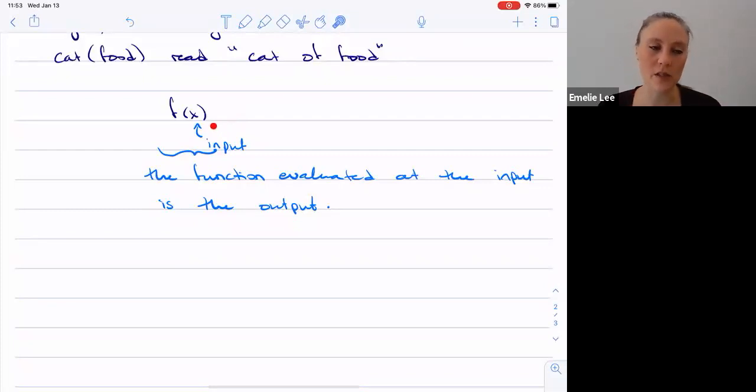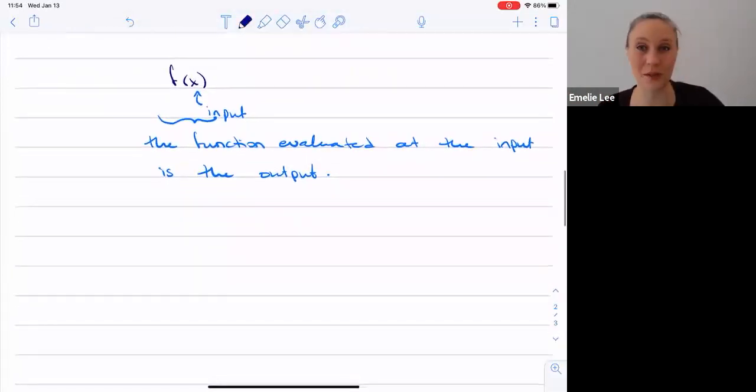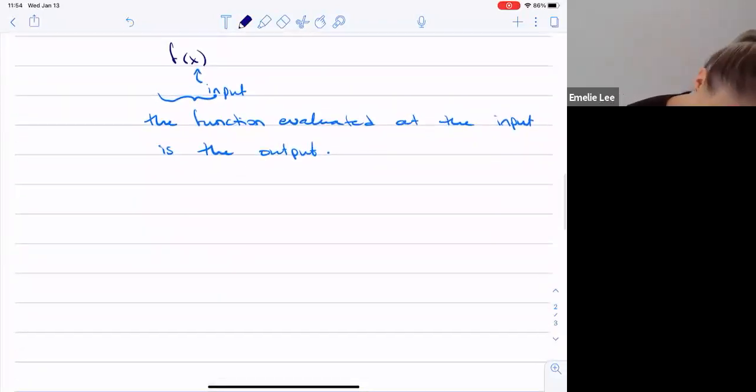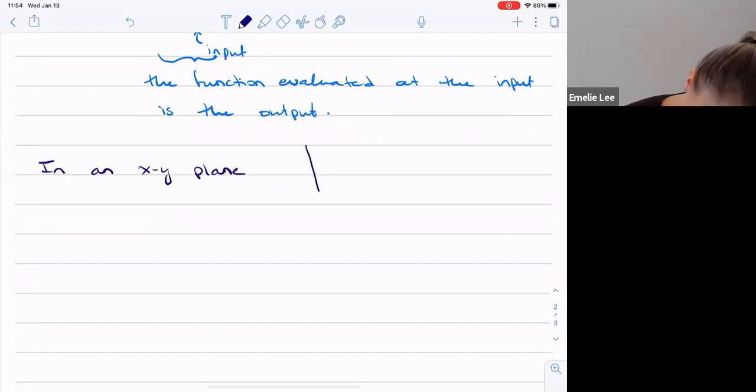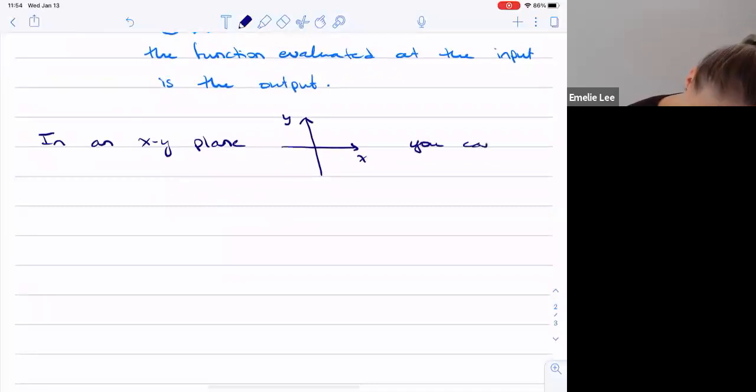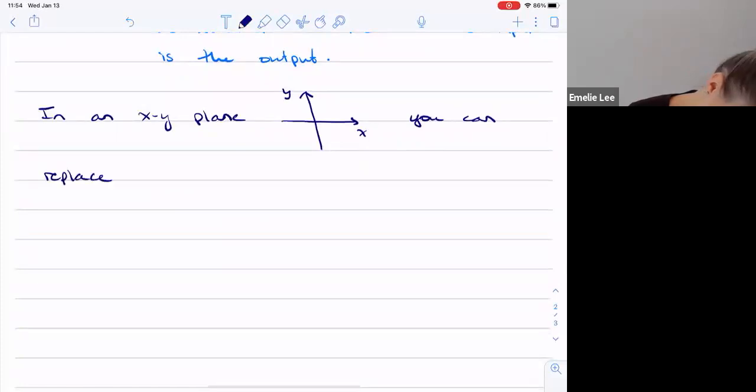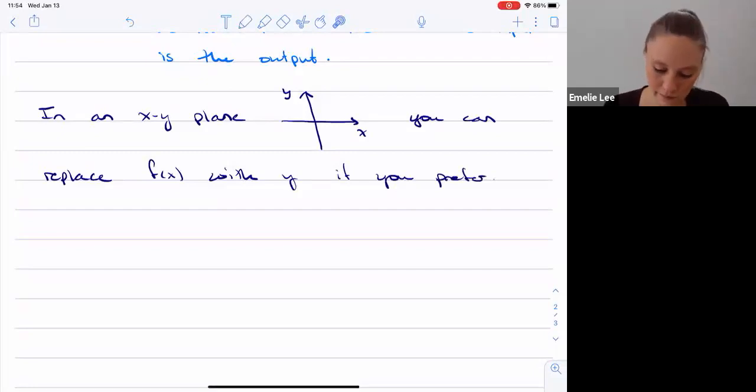If that makes more sense to you, if you're just working in an xy plane, of course that's the condition, but in an xy plane, which is where we'll be working for this course, which is anything like this, you can replace f of x with y, if you prefer. X is the input, y is the output.